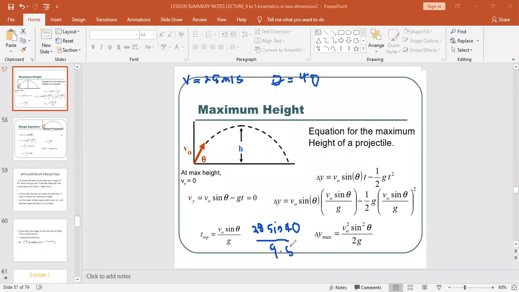Some of you on your calculators may want to punch sine 40 first. Don't do that. Rather type the 25 first, times sine 40, over 9.8.